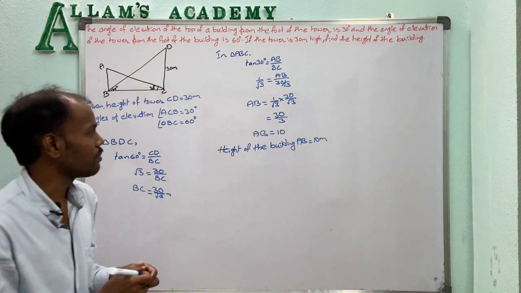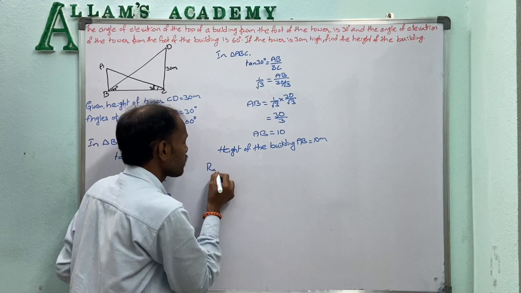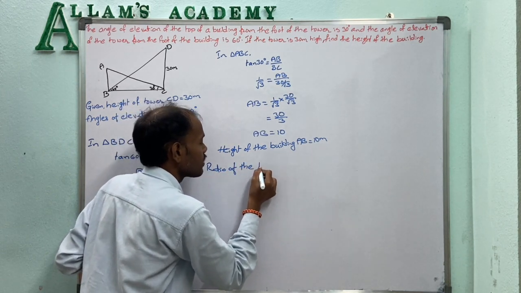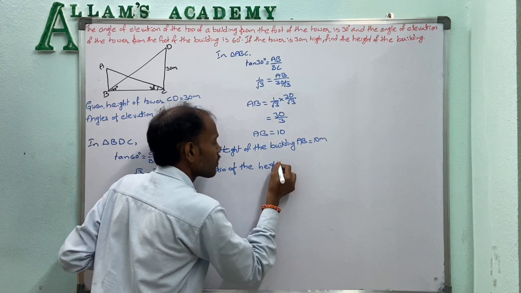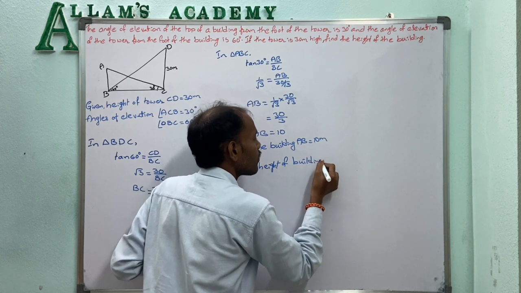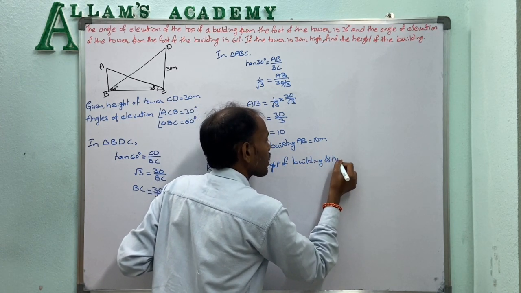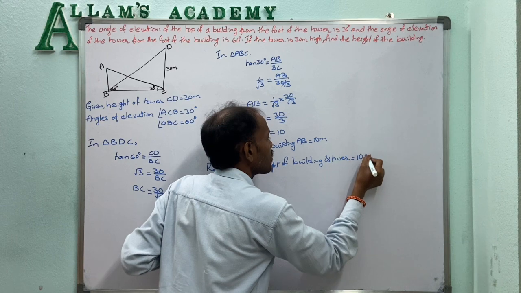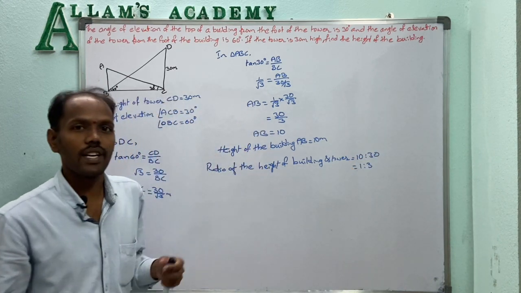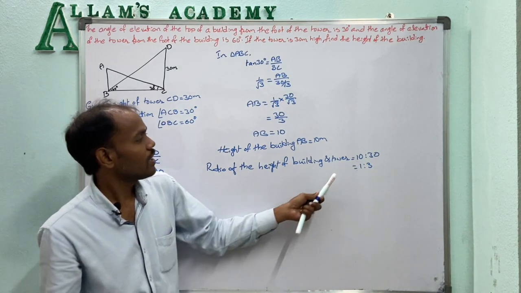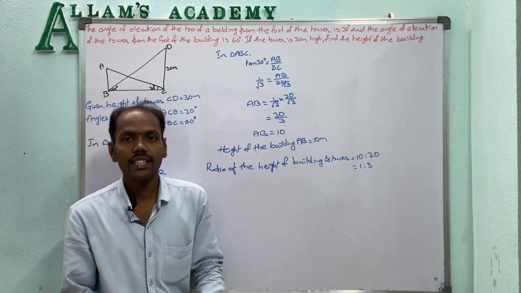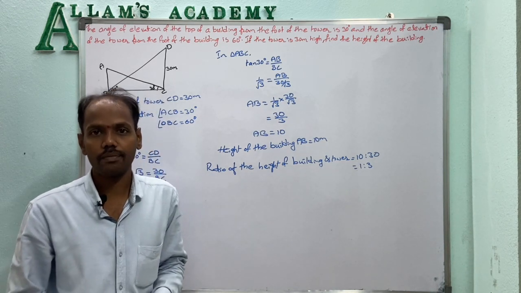The ratio of the heights of building and tower equals 10 is to 30. So dividing by 10, 1 is to 3. If they ask the ratio between tower and building's height, then the answer is 3 is to 1.